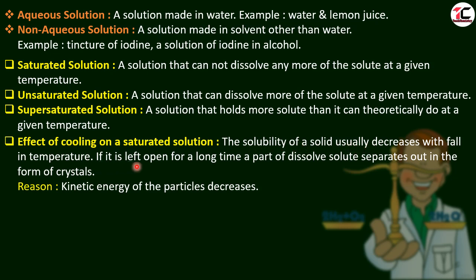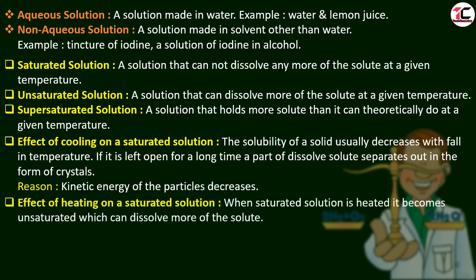If it is left open for a long period of time, a part of dissolved solid separates out in the form of crystals, that is called crystallization. What is the reason? The kinetic energy of the particles decreases when we decrease the temperature. That's why we will find the crystals.